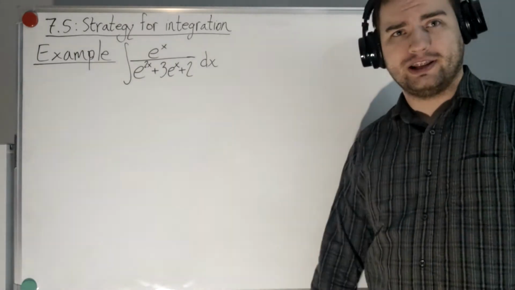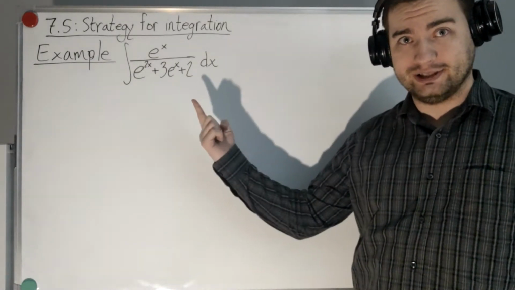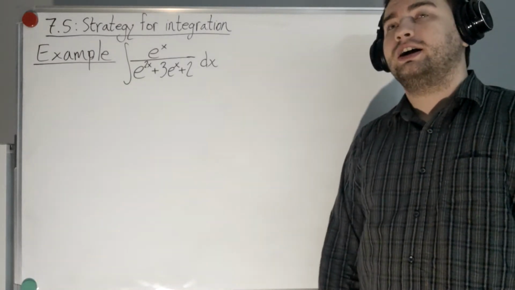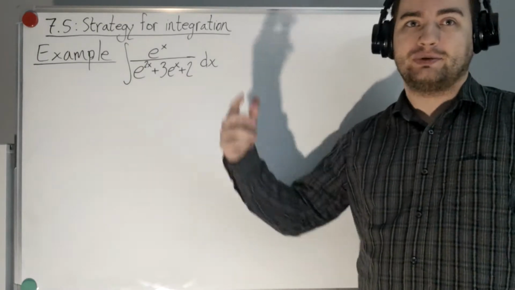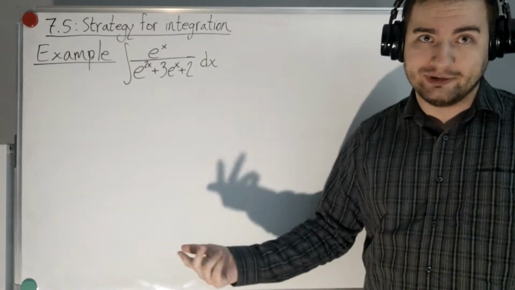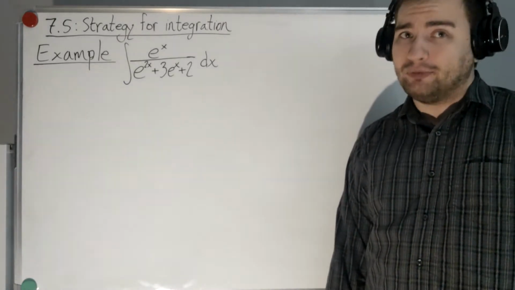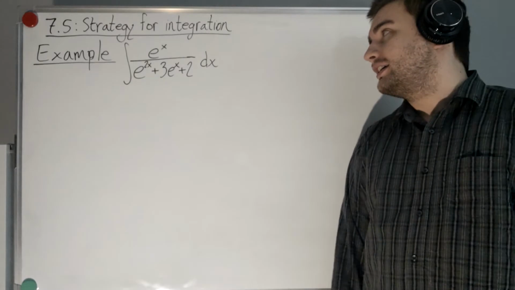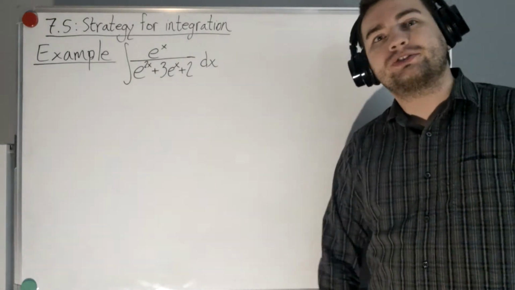Partial fractions won't do anything because partial fractions is only for rational functions, which this is definitely not. Trigonometric substitution won't help because this doesn't have an x squared minus a squared, a squared minus x squared, or x squared plus a squared in order to make that happen. Integration by parts, I think, would make it even more of a mess. And U substitution, well, let's see where that goes.